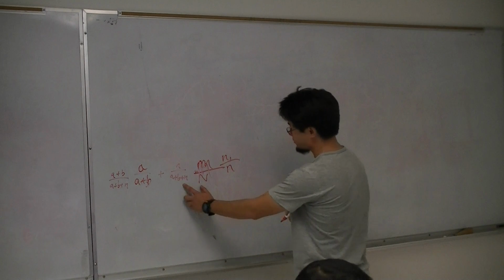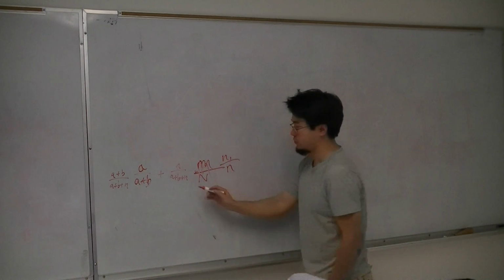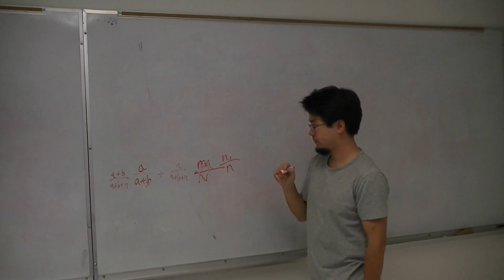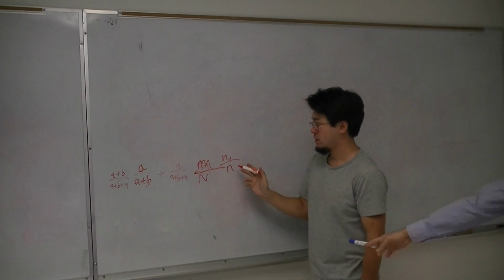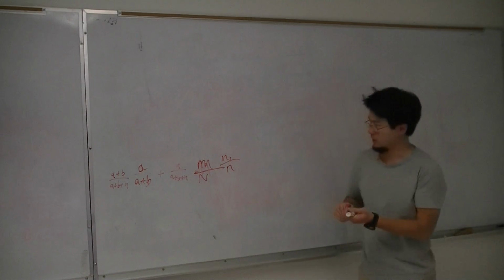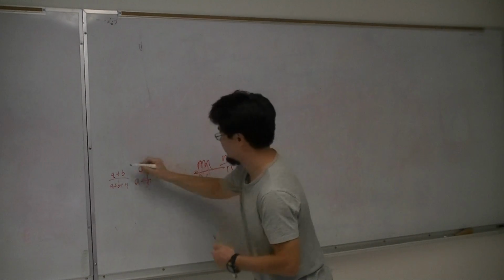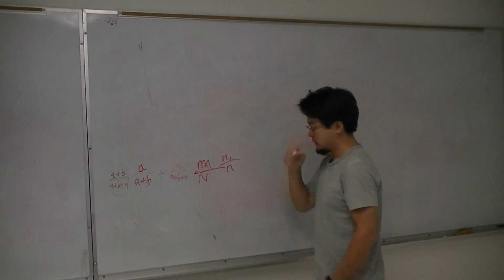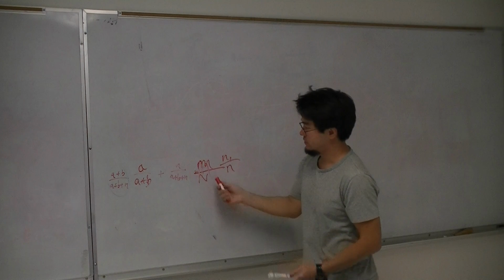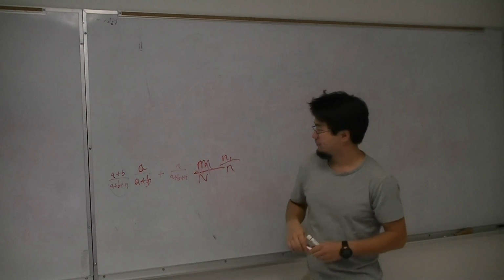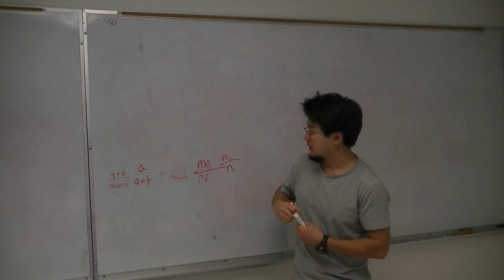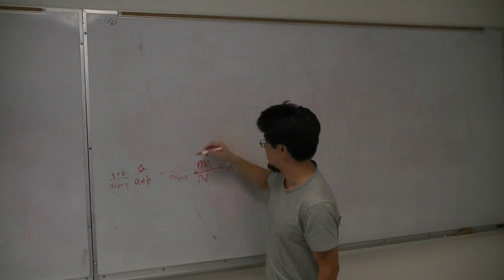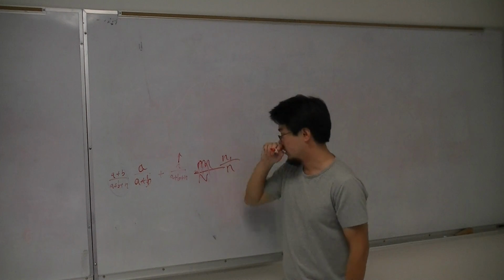So these two coefficients actually add up to 1. The meaning of this form is like this: this is the number of observations.